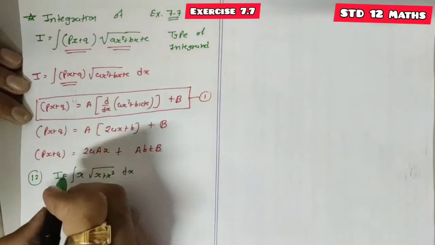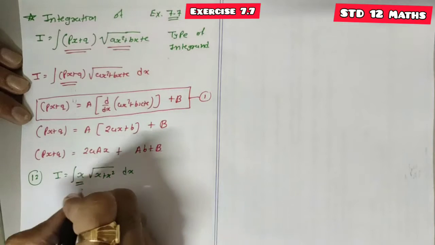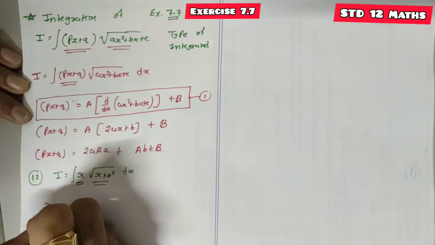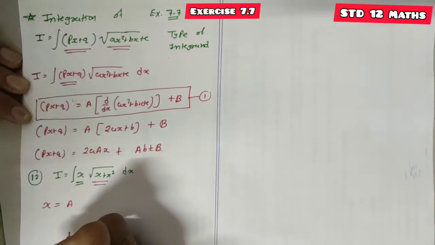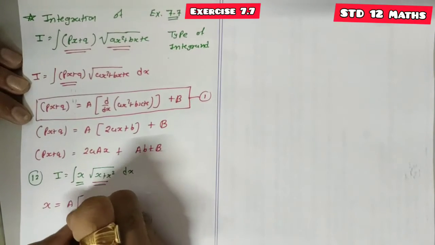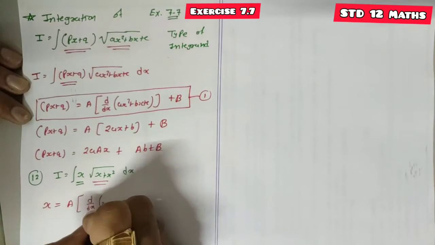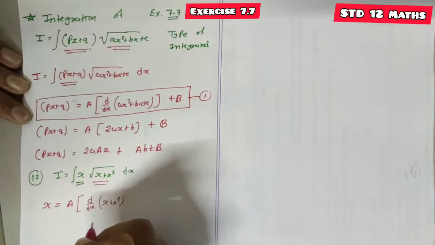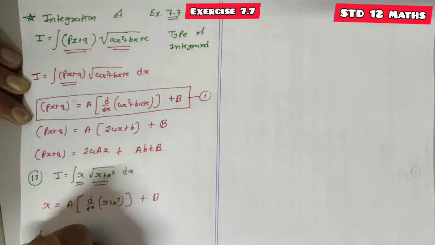So here we have to write our x as a into d by dx of this square root term, which is x plus x square bracket over, plus b.